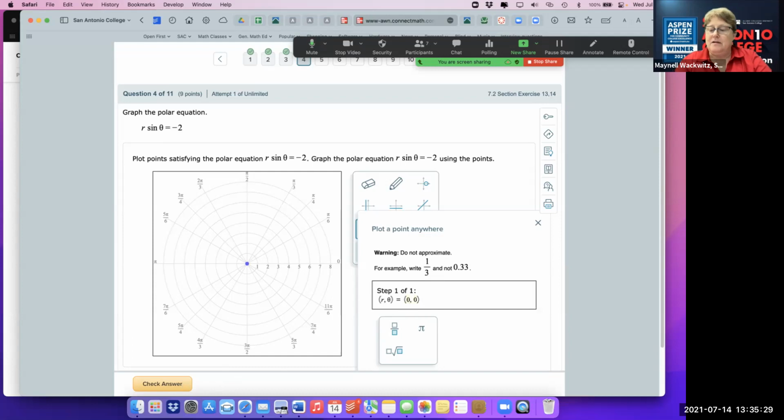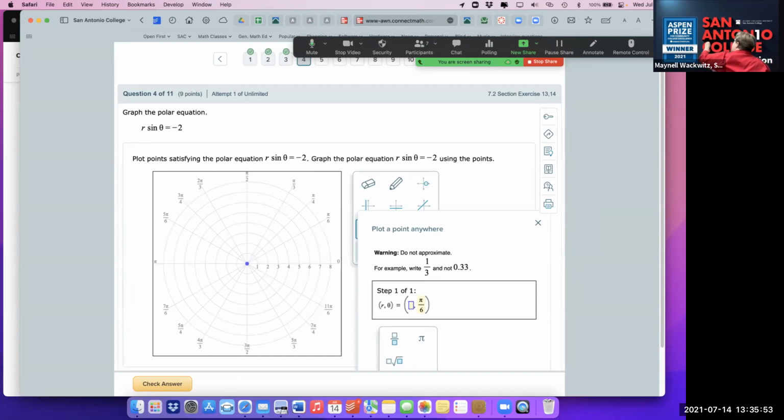If theta is pi over 6, what is the sine of pi over 6? Yeah, and we have r sine theta equals -2.